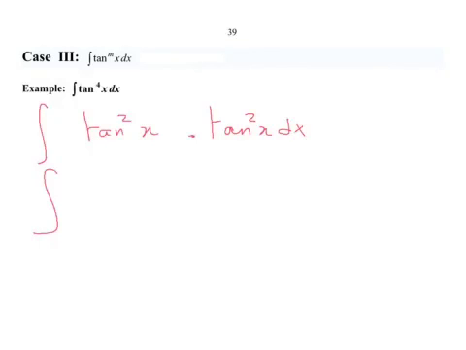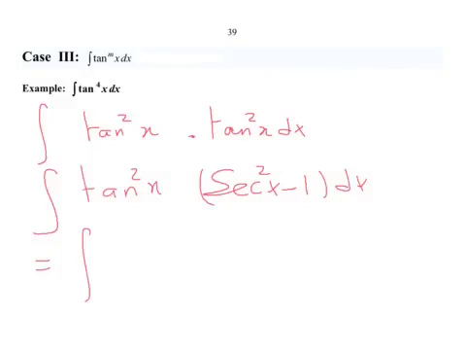Then what you have separated, you change into secant square minus 1. So you have tan square here, and then you open the bracket, secant square, which is u prime, minus tan square. What happened here?